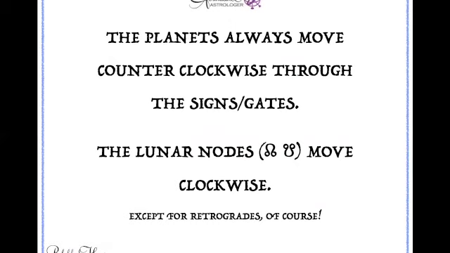So the planets always move counterclockwise through the signs. The lunar nodes, which is what we're going to track next, move clockwise, except for retrogrades.